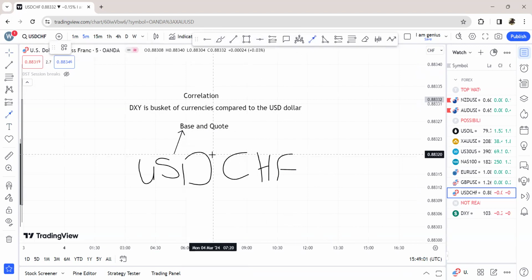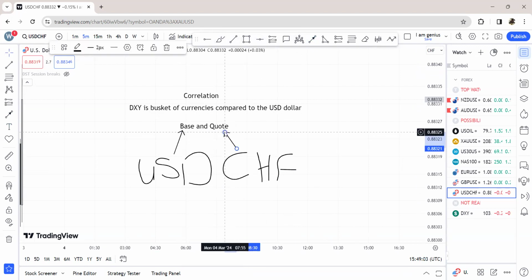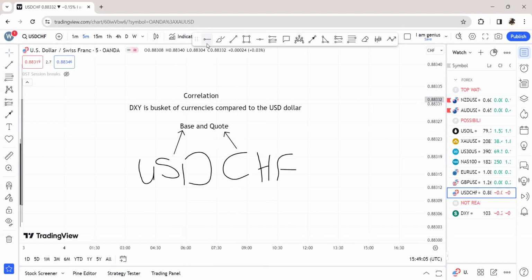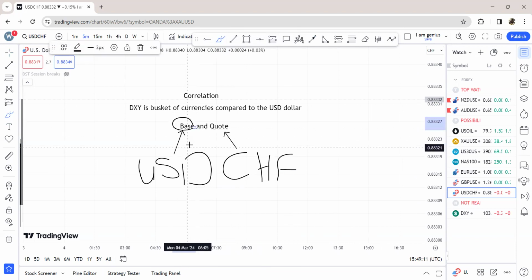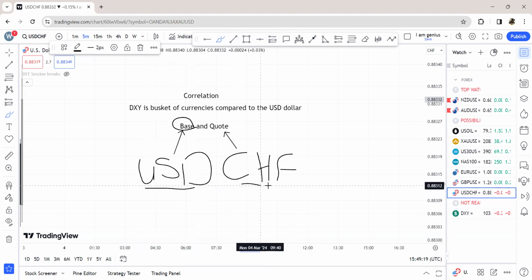The second one is your quote. So this is our base, the first currency in a given pair, which in this case is the USD. Then the CHF is our quote currency.